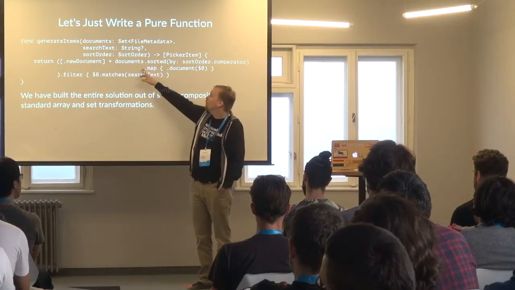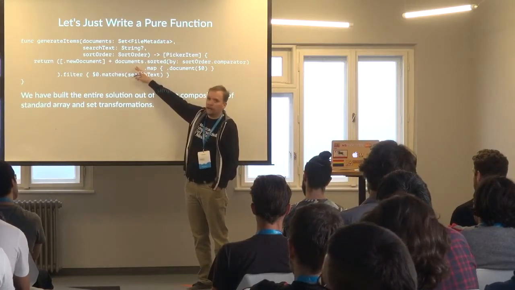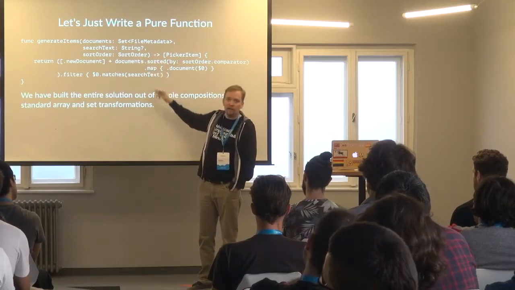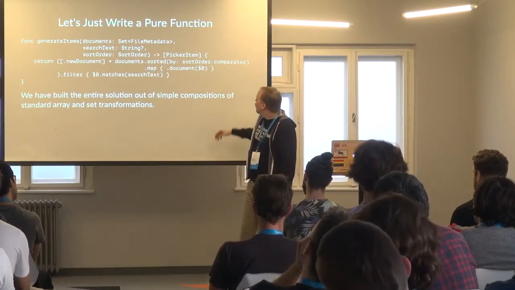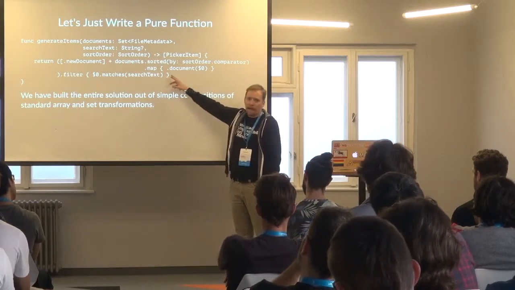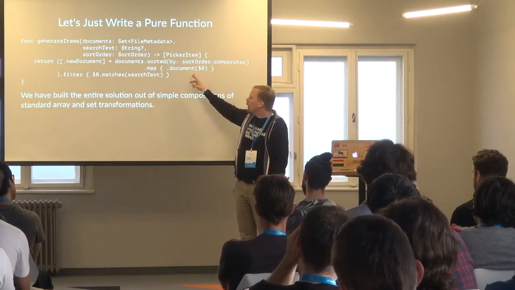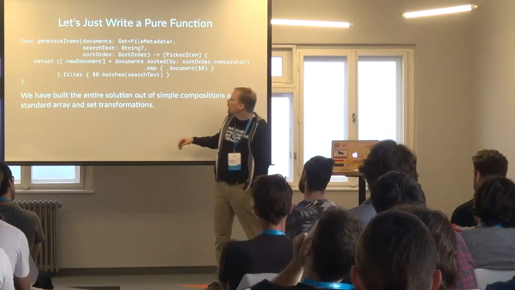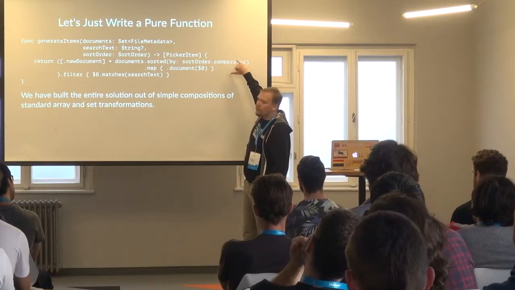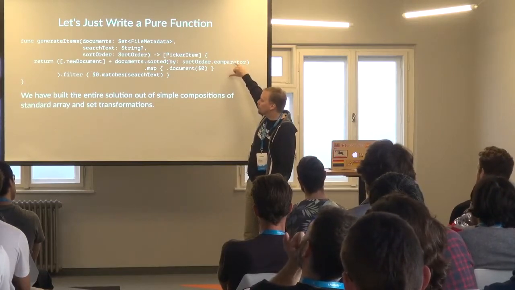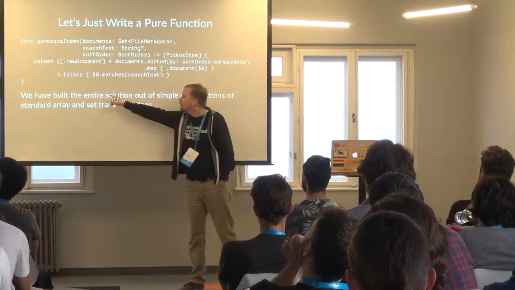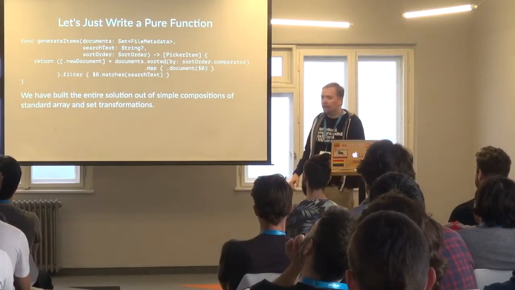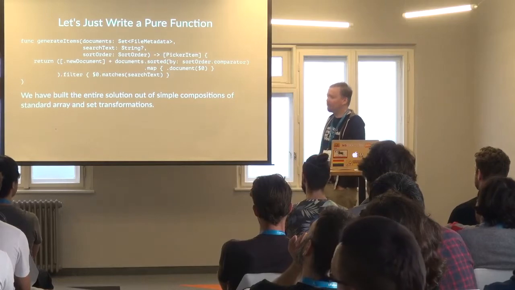If we have a set, like our document set, we can have a sorted array out of it. And well, if we have an array, we can use mapping to transform its elements to something else, like wrap it in this view model representation. And then we can just take the entire list of result of this concatenation and filter it based on the current search text. Very simple, very easy. You can write this in, what, half a minute or so.